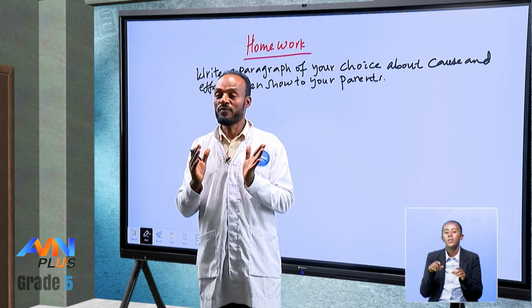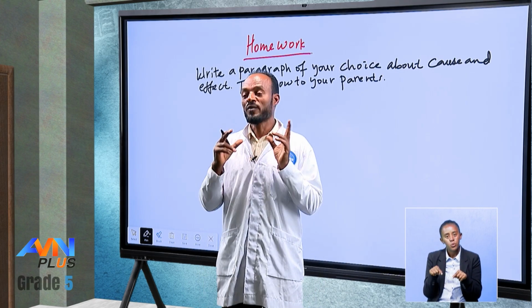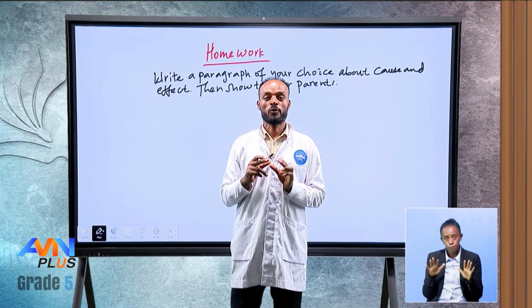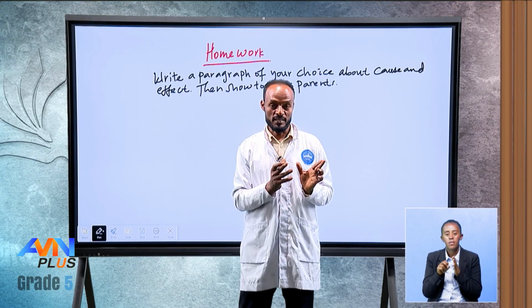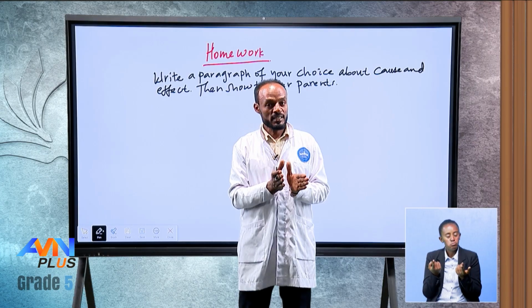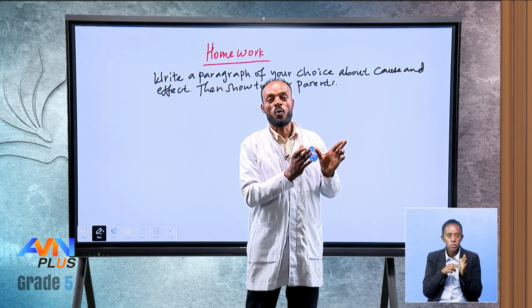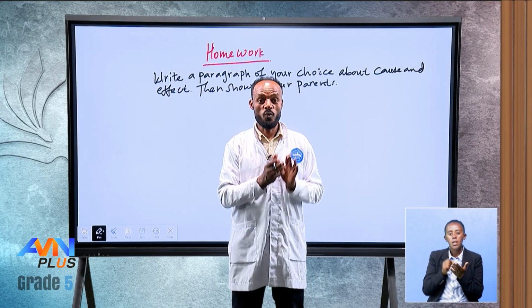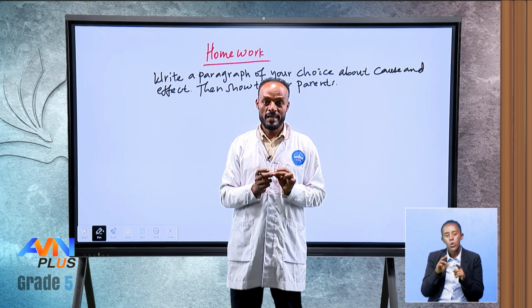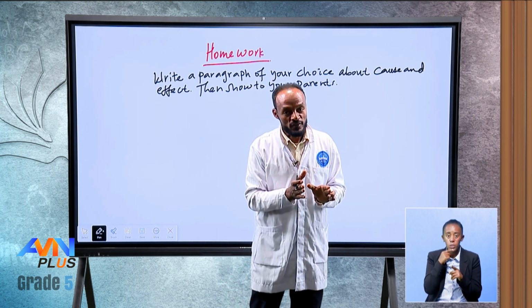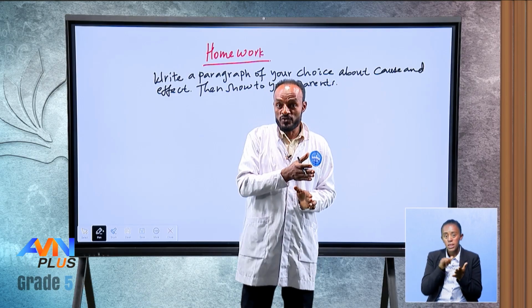Let's summarize what we have learned today. Today, we've talked about cause and effect writing. When we say cause, it means why something happens, the reason. When we say effect, we mean the result of something.